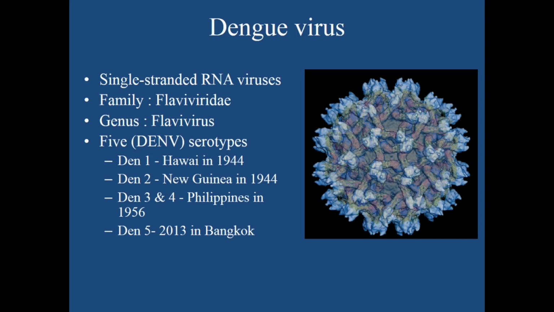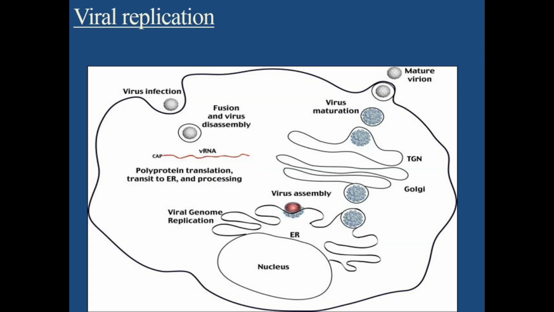Dengue 1 was first found in Hawaii in 1944, dengue 2 in New Guinea in 1944, 3 and 4 in the Philippines in 1956, and dengue 5 as recently as 2013 from Bangkok.